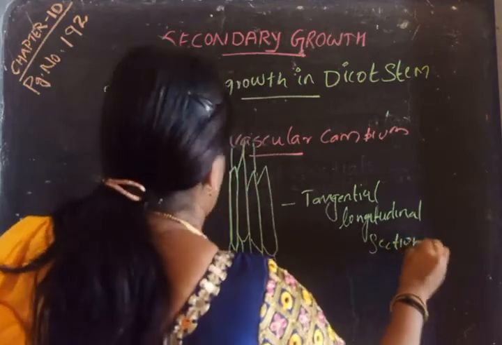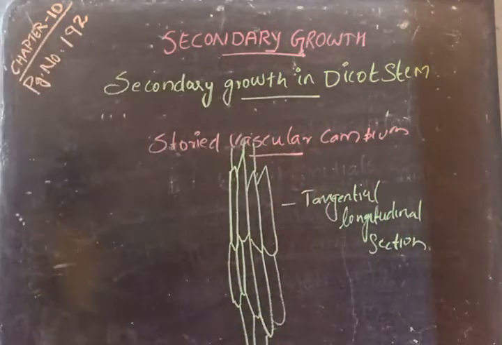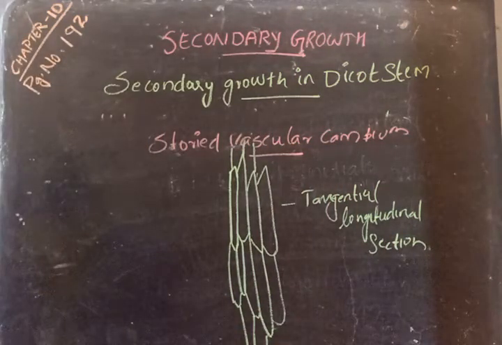So this is storied vascular cambium, whereas in non-storied vascular cambium the fusiform initials strongly overlap at the ends.